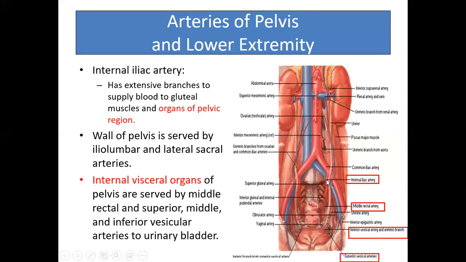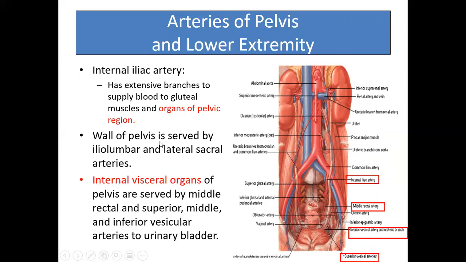The internal iliac artery has extensive branches to supply blood to the gluteal muscle and the organs of the pelvic region. The internal iliac artery supplies blood to the gluteal muscle and also the organs present inside the pelvic cavity.